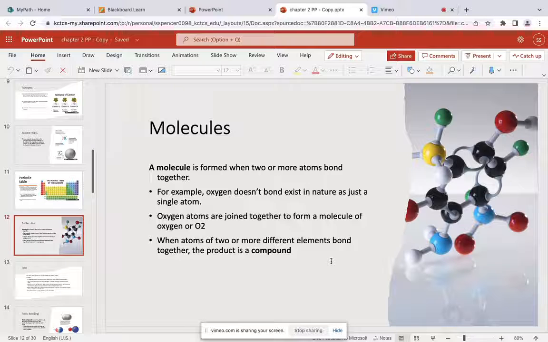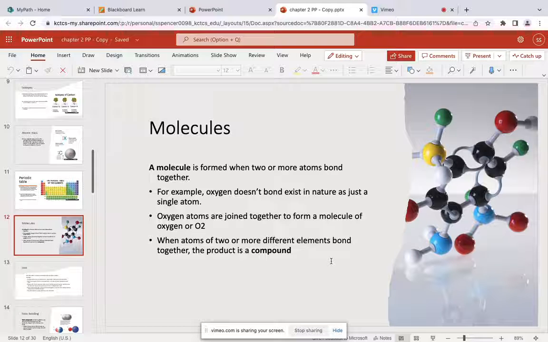So, for example, if I was to give you a question and I said, which of the following is an example of a compound? And I have O2, Cl2, C2H6O, or H. Which of those would be considered a compound?